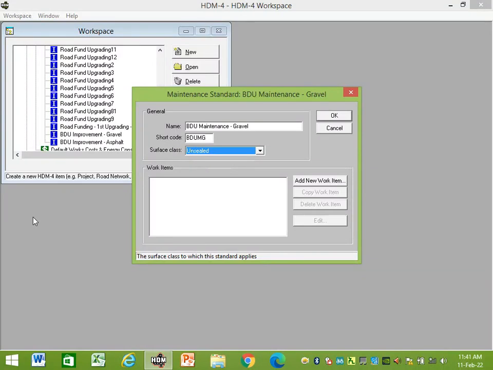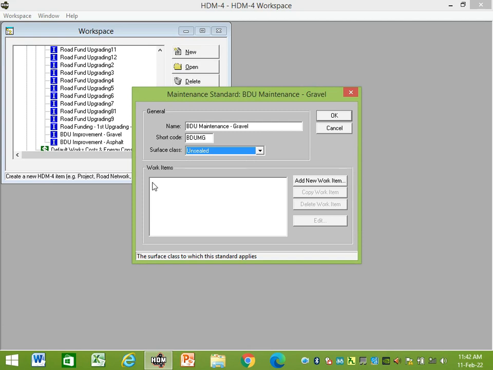Unsealed. Add new maintenance type. You have typed in the type. Have you typed this? BDU maintenance gravel. Then BDU MG, this is a short code. You can have your own name; you can name it anything.